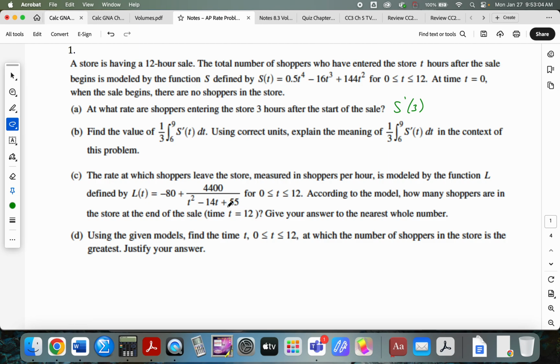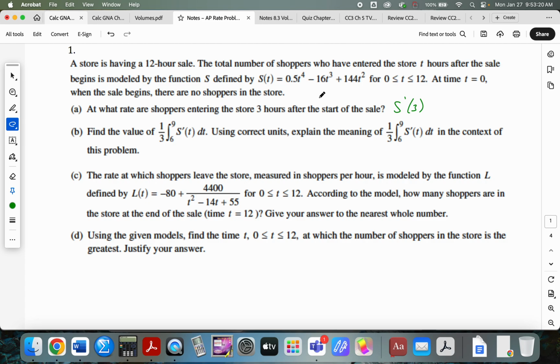And if I remember correctly, when I'm looking at part C, I'm pretty sure this isn't going to be a non-calculator. Although you can do this without a calculator, it lets you use your calculator for it.